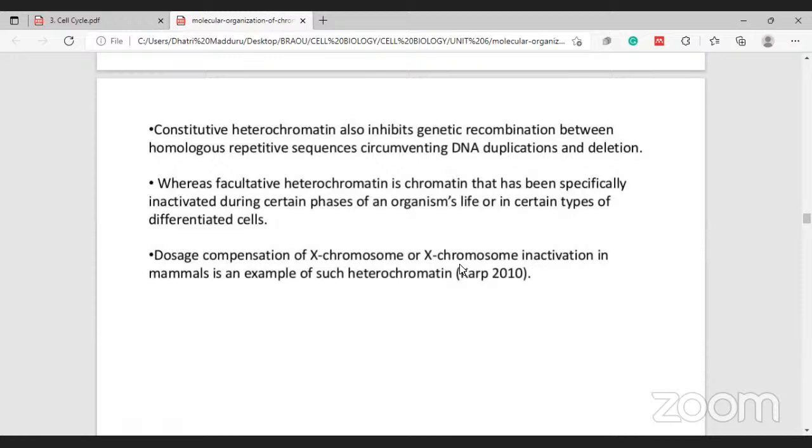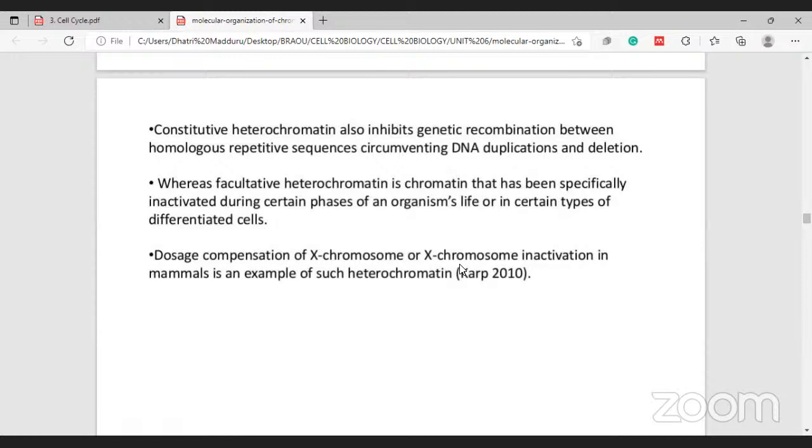Whereas facultative heterochromatin is specifically inactivated during some phases of the life of the organism. Dosage compensation of X chromosome, or X chromosome inactivation, is an example of facultative heterochromatin. Usually females have two X chromosomes, but only one X chromosome will be active, and the other will be inactive.